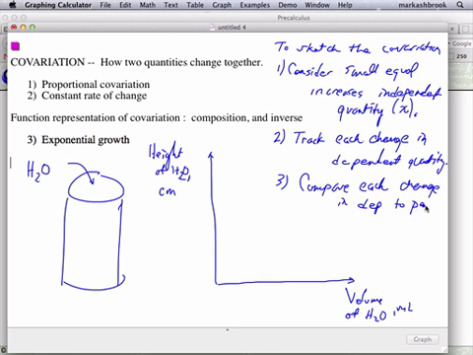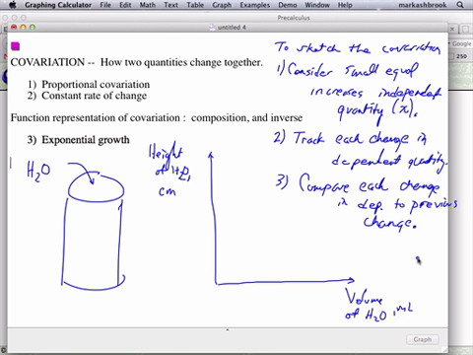This is covariation. This is really getting our hands dirty and figuring out how these two are changing together. So compare each change in the dependent quantity to the previous change.